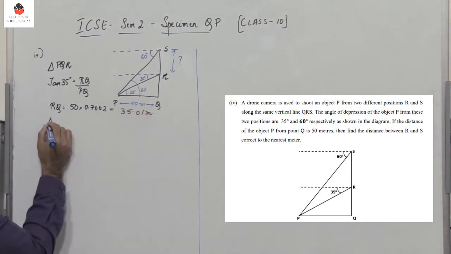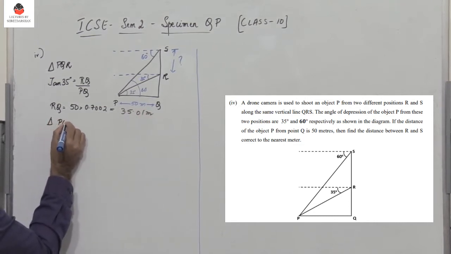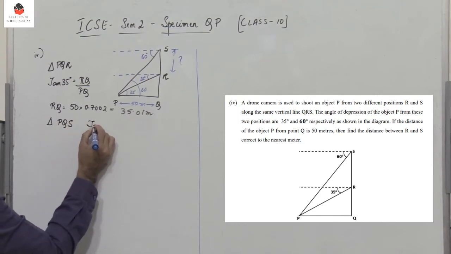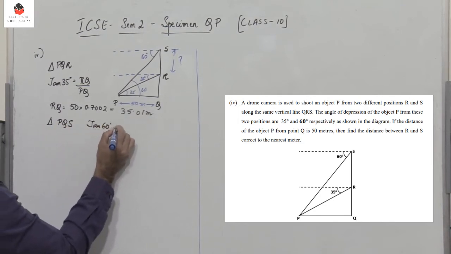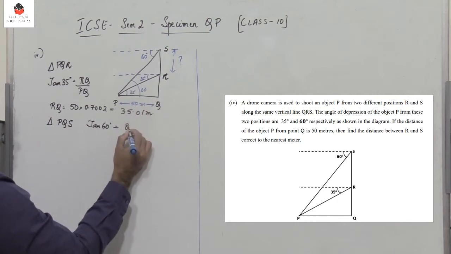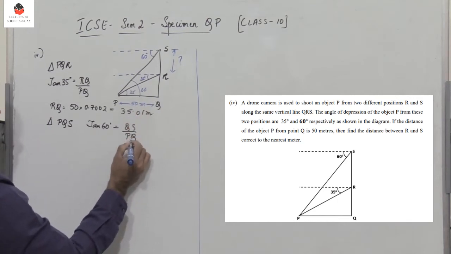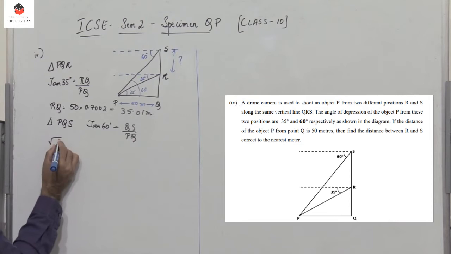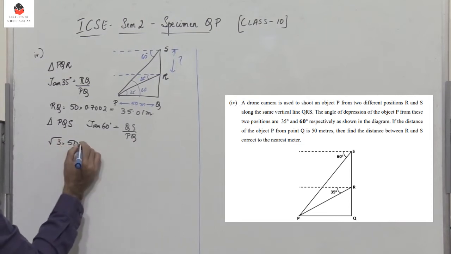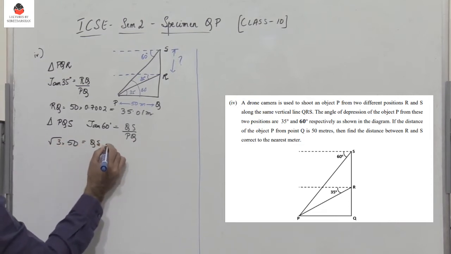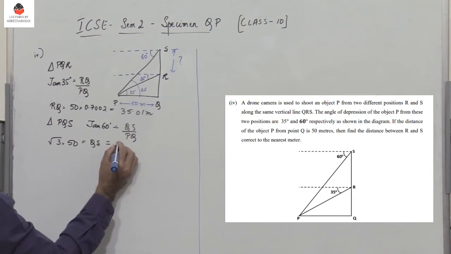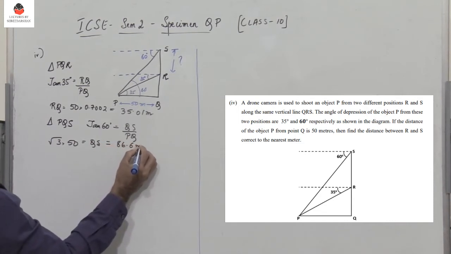Next, let us consider triangle PQS. So you have tan 60 is the opposite side, which is QS, divided by PQ. So tan 60 is root 3, into 50, PQ is 50, equals QS. So QS is 86.6 meters, right?